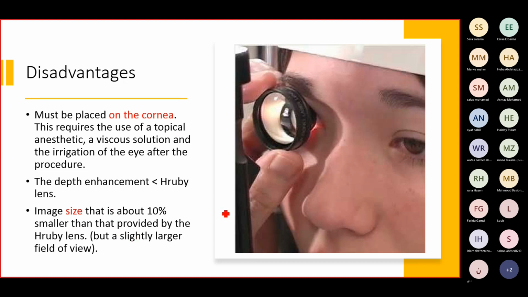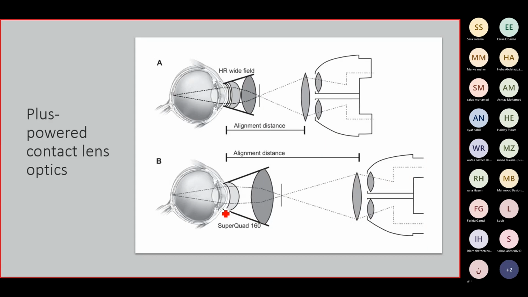Okay. So moving to another one, the ones that we use to do the PRP, for example, the super quad lens or the wide field lens. Those lenses have high plus power, and they come in contact with the eye like that.